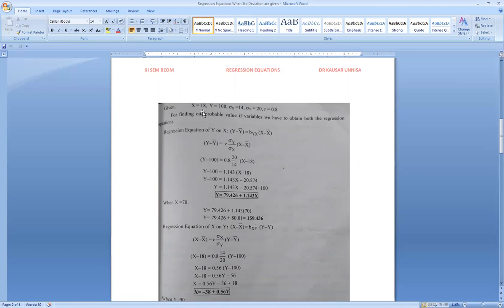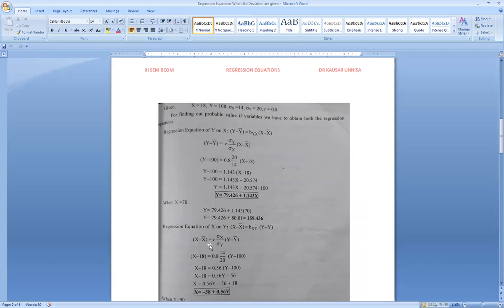See, in the question itself, they have given x bar is 18, y bar is 100, standard deviation x is 14, standard deviation y is 20, and the r value, that is the correlation coefficient, is 0.8. Let us go for the first equation, that is x on y. x minus x bar equals bxy into y minus y bar.